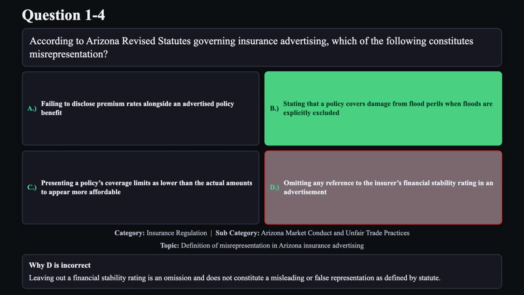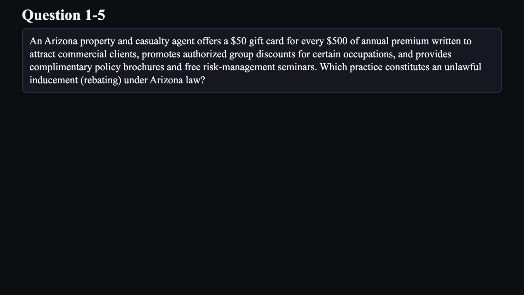Question 5. An Arizona property and casualty agent offers a $50 gift card for every $500 of annual premium written to attract commercial clients, promotes authorized group discounts for certain occupations, and provides complimentary policy brochures and free risk management seminars.